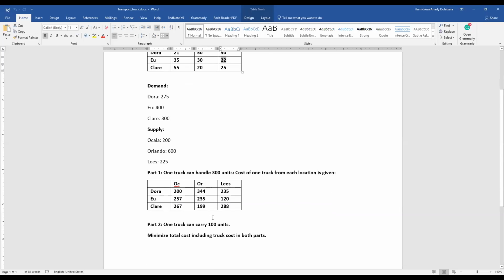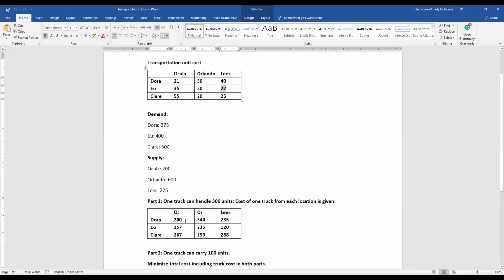So, in part one, one truck can handle 300 units, and the cost of one truck for each location is given. So you can send at most 300 units from Ocala to Dora, maybe you send 200 units or 50 units, but the truck would cost 200.